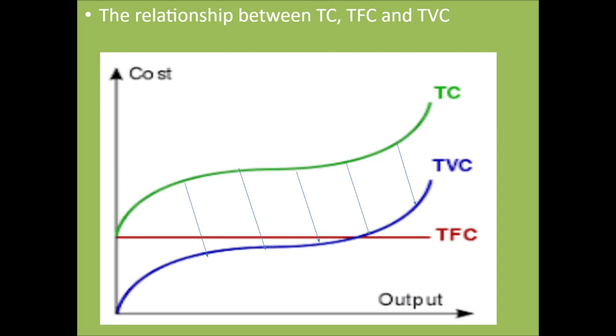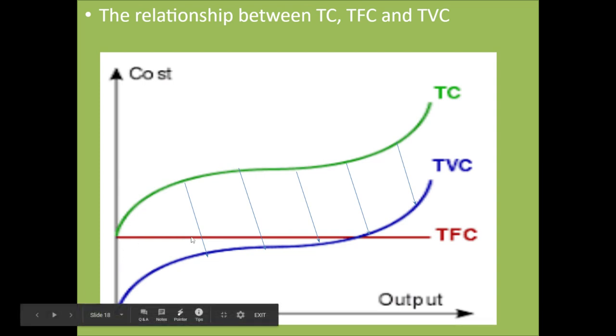Since we are talking about fixed cost, the fixed cost never changes with change in the output. However many units you produce, the total fixed cost is not going to change. Therefore, the TFC curve is shown as a straight line parallel to the x-axis.